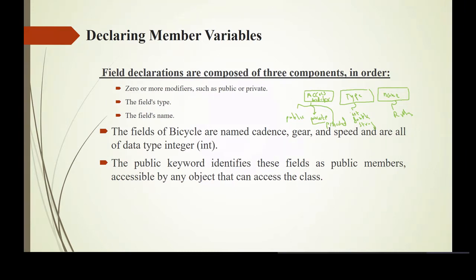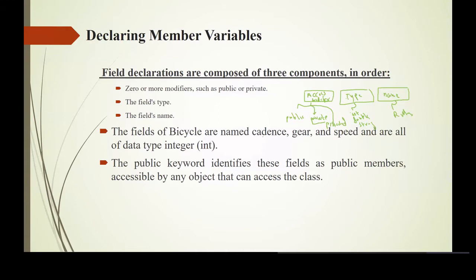So this is how we actually identify the variable. You already practiced that, but you have to know the components when you identify the variable. Access modifier, type, and name are the three components when you declare any variable.